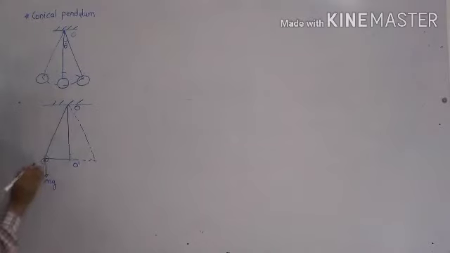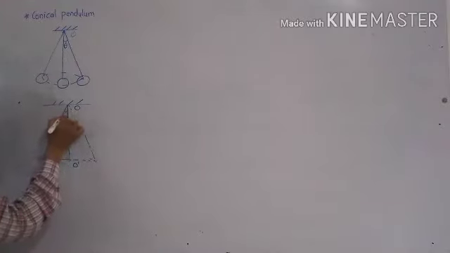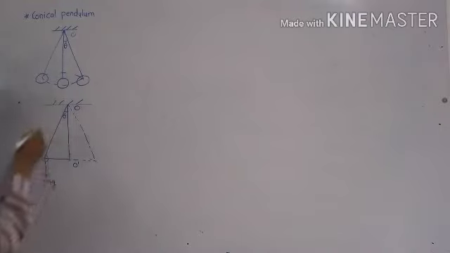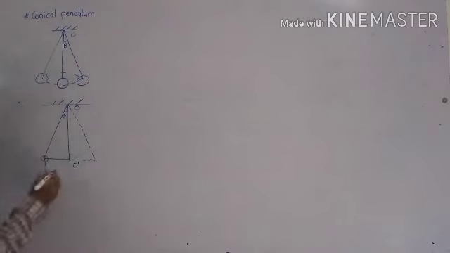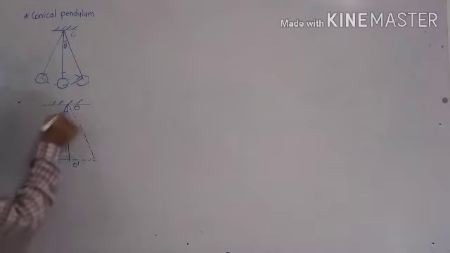Now if this is theta, this is also theta, that is the angle made by our string with the vertical. If this is theta, this is also theta, alternate angle.